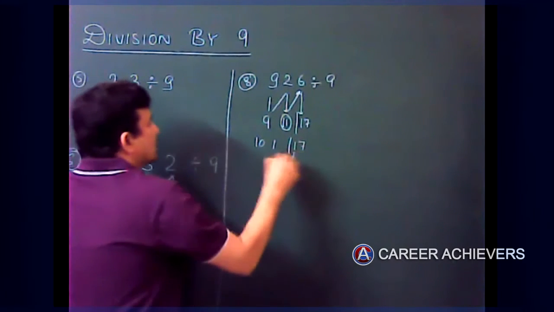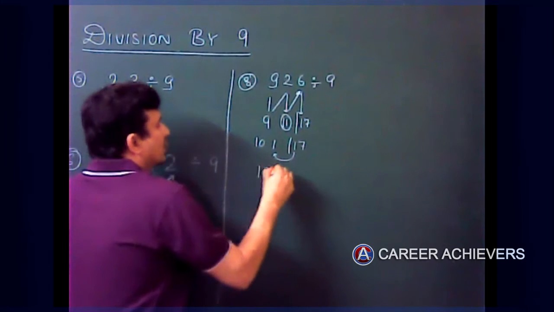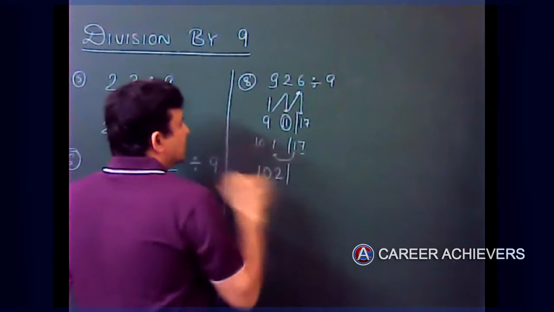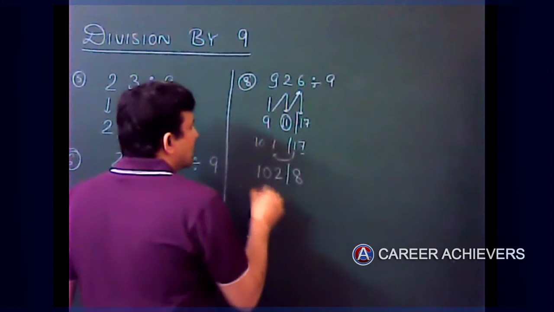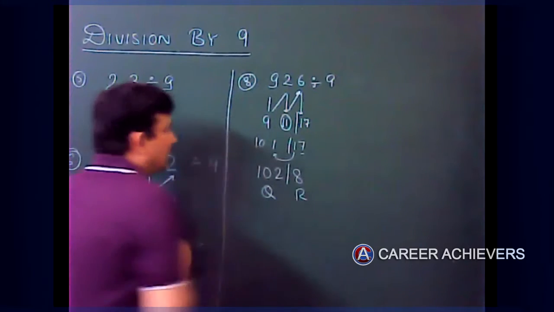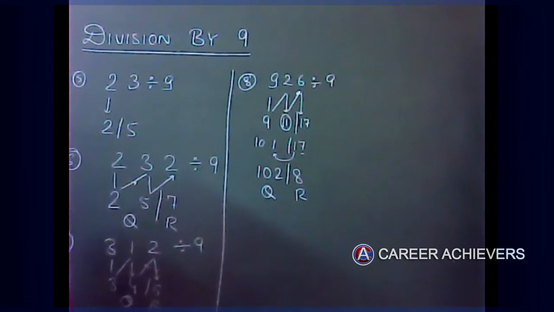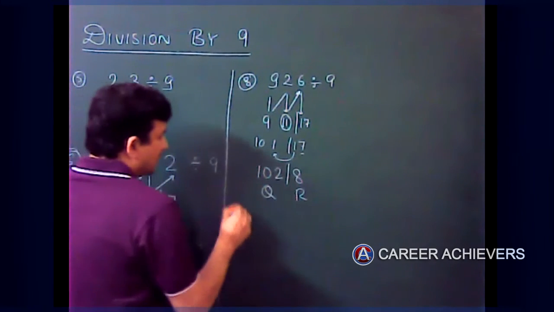So 1 will come this side, this becomes 102, and then this units place will be increased by 1. Quotient and remainder. I will take a few more examples.